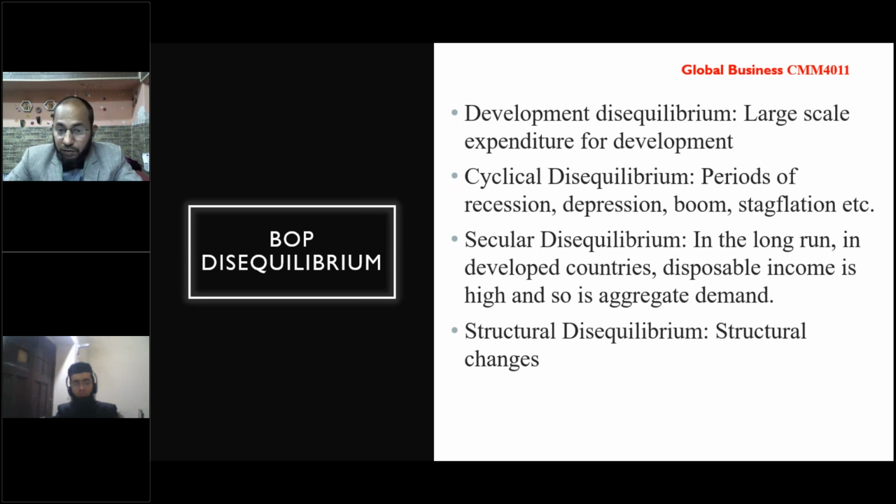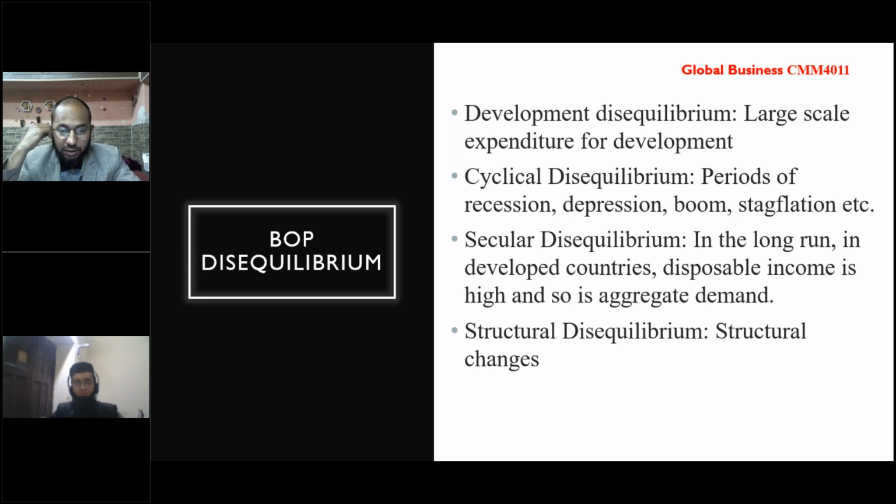For example, we want to use a car made in Germany. We want to use a watch made in England. We want to use software made in America. So we want to use things which are made in the rest of the world. Because of that, there is a demand to import things, and this is how our imports go up, which makes our current account balance negative, that is deficit, which is again a BOP disequilibrium.